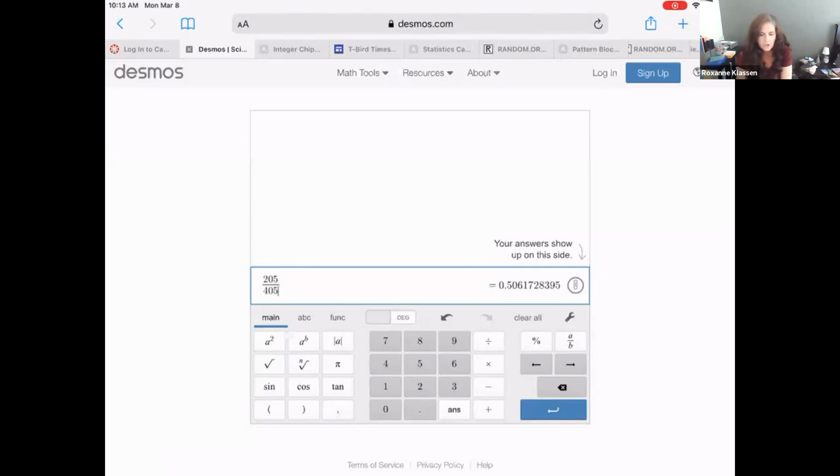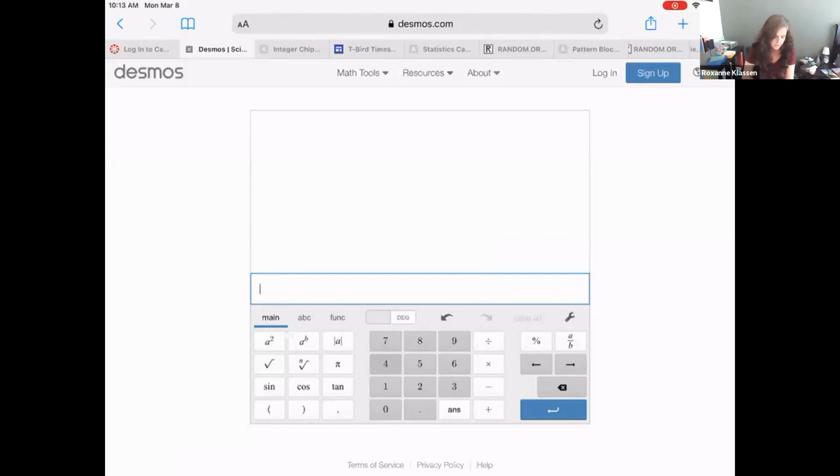But I did want to show you that for a problem, if you're having trouble simplifying, I know some of you had 4 over 52, is that what you guys had? No, maybe you had 12 over 52 for how many face cards are in a deck, right? And so apparently I can't type.